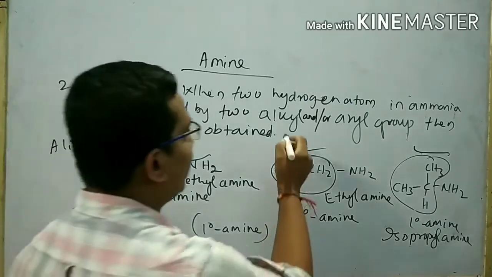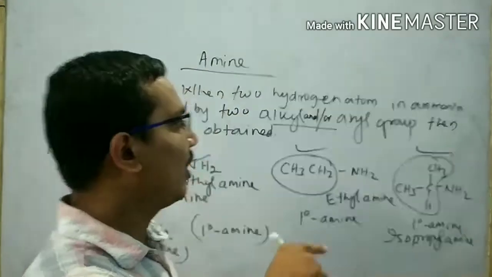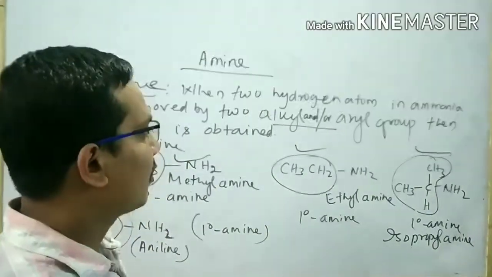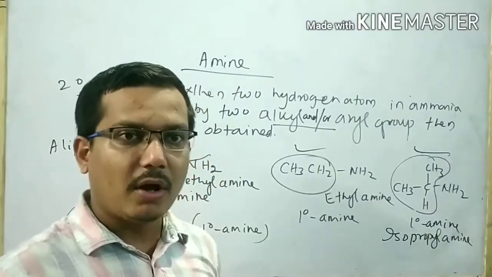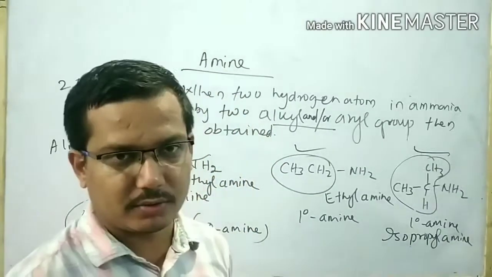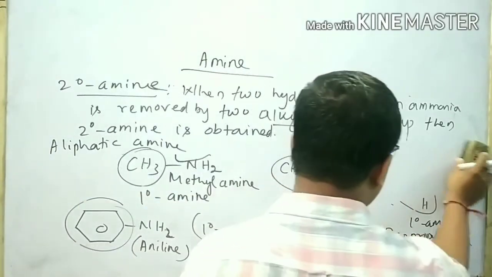Here is one point, alkyl and or aryl. There are two alkyl groups or two aryl groups, or you can take one alkyl group and another aryl group.